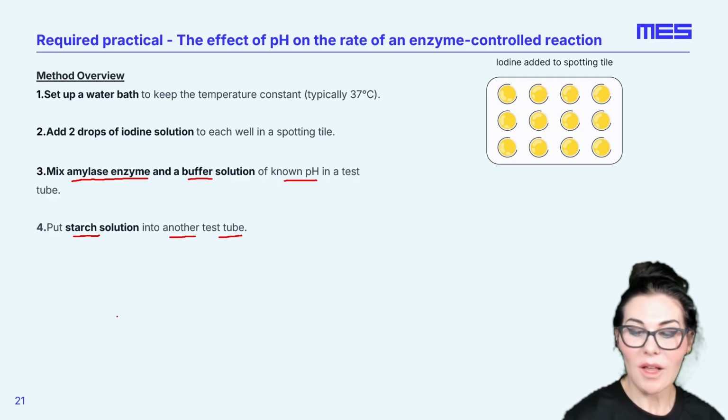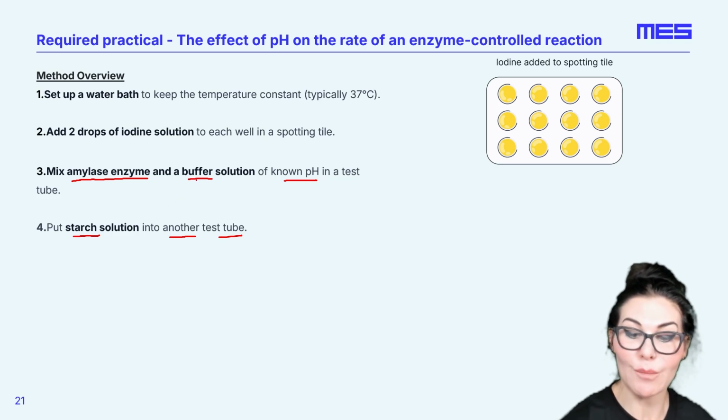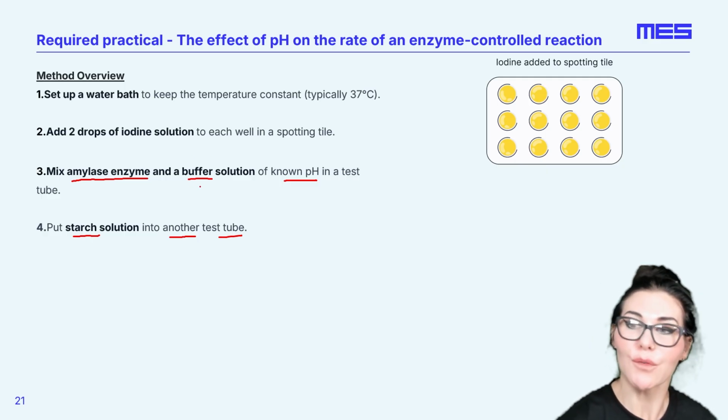Amylase will work at an optimum pH, so we're going to set up a variety of different pHs to find out what that is. Buffers are chemicals of set pHs. We have different buffers. Some buffers are pH 7, some are pH 4, some are pH 8, and so forth and so on. So a buffer solution is a solution of a known pH.